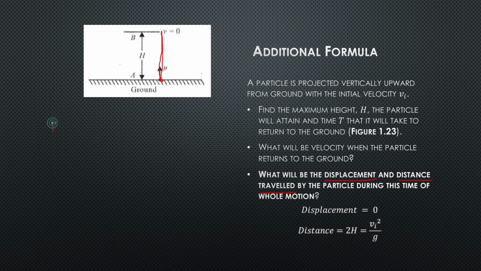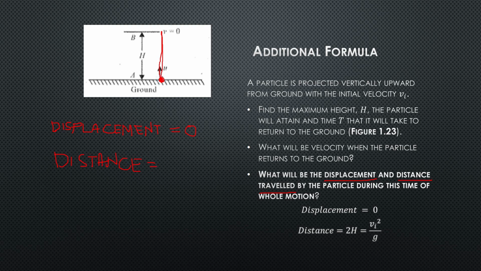So we said that displacement is the shortest distance traveled regardless of the path. So that is equivalent to 0 because it returned to the initial position. Now, distance traveled. The distance is the actual path of motion.